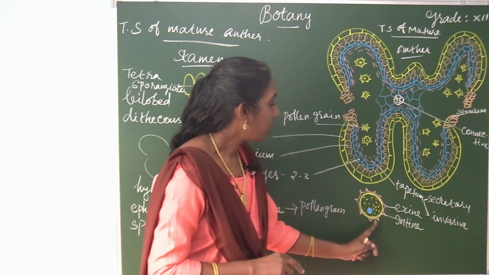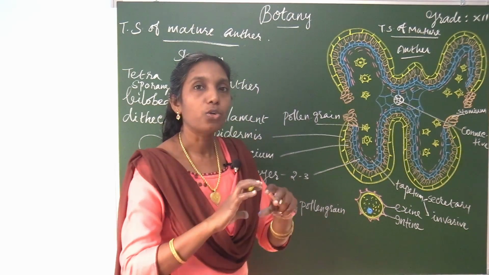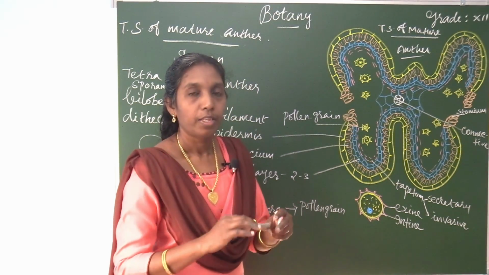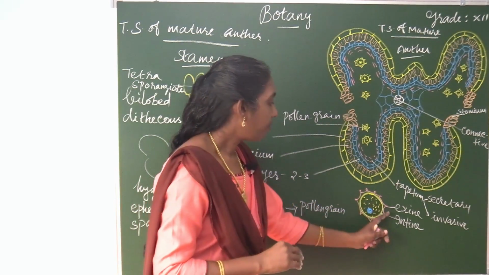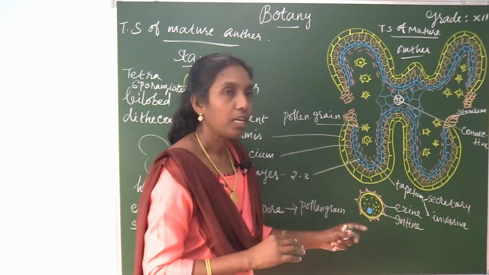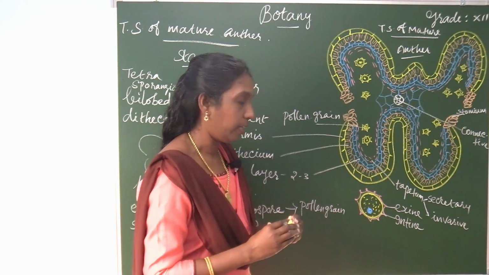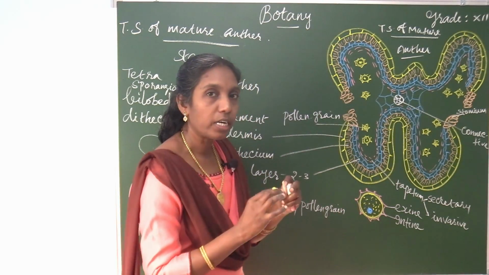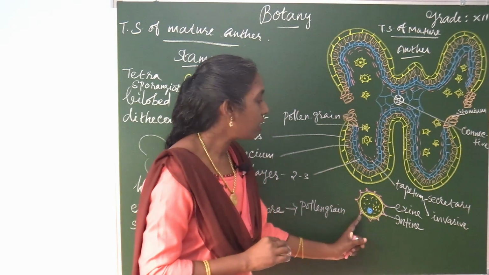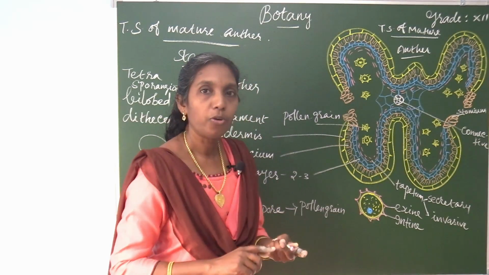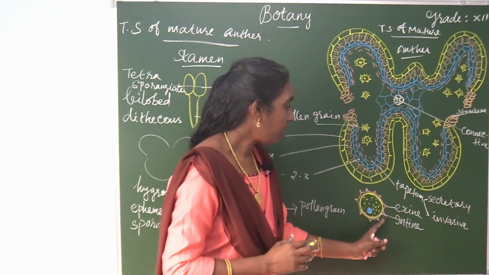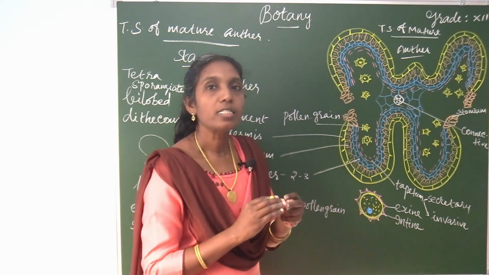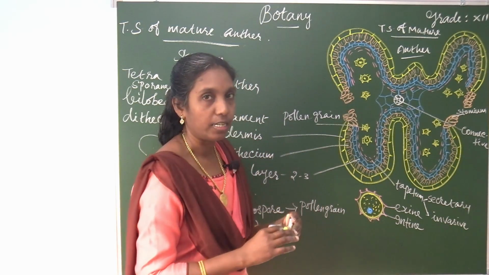And this exine is not uniformly distributed. There are certain regions which are not interrupted by sporopollenin, because the exine wall is made up of sporopollenin and cellulose. In certain regions of this exine, the sporopollenin is lacking or absent.